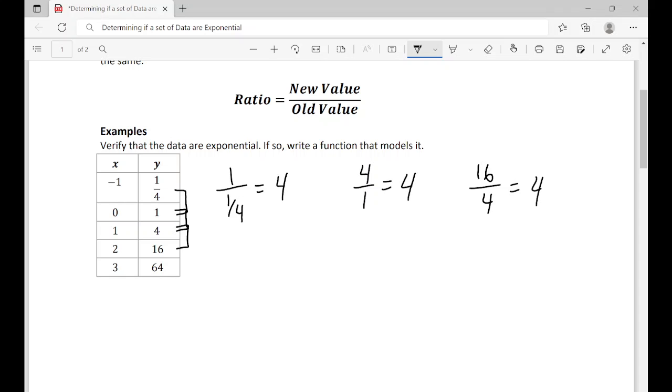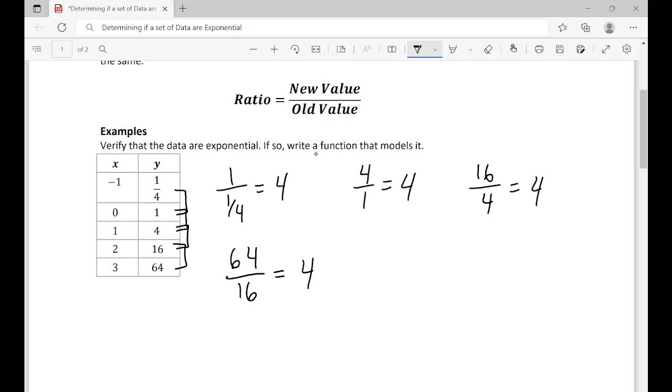And now I'm going to do the last one. I'm going to do 16 and 64. So 64 over 16, and that is going to give us 4. So there's a constant ratio of 4 the entire way. So we know that the data are exponential.